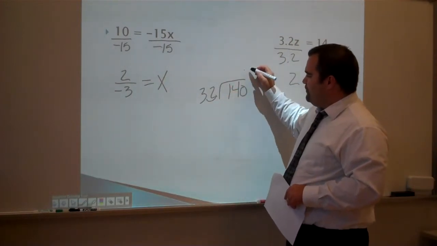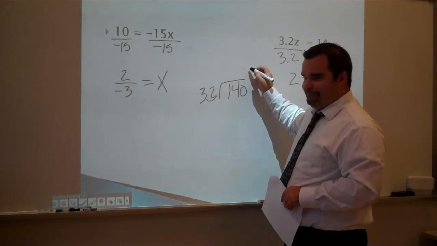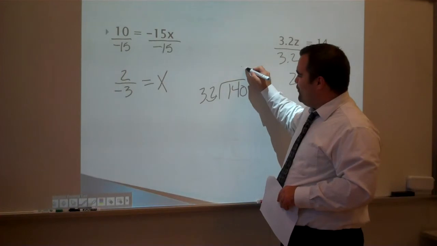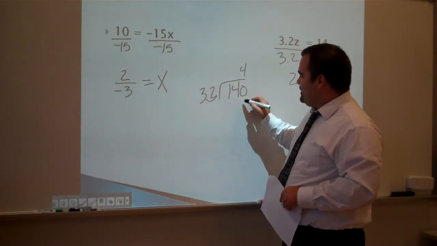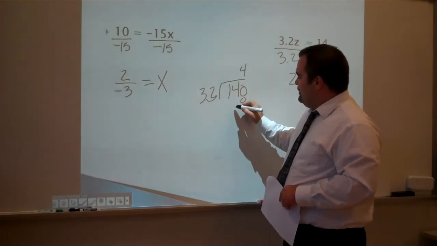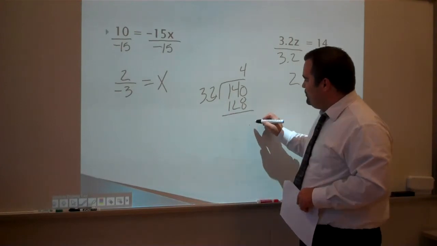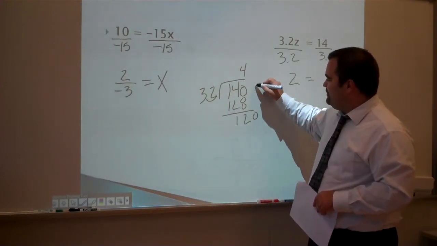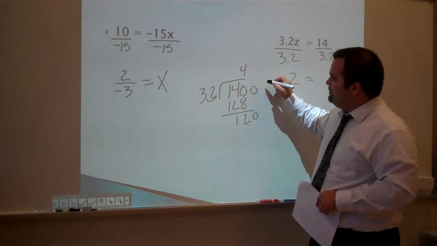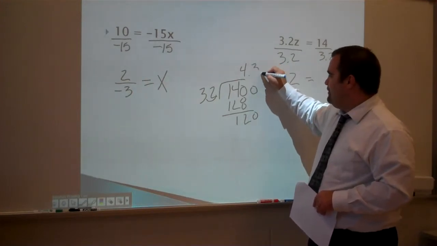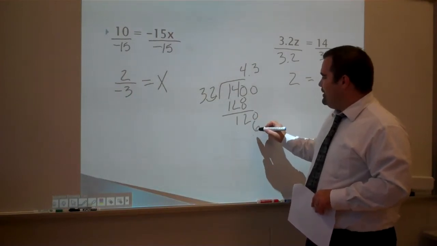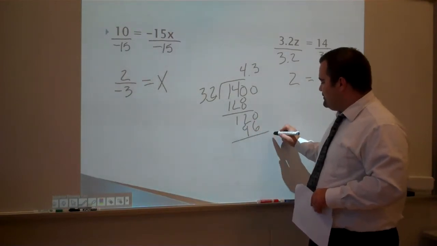32 goes into 140. I'm going to say 4-ish times. 4 times 2 is 8. 128, that's 12. Bring down a 0. 4 point. Let's see here. 696.